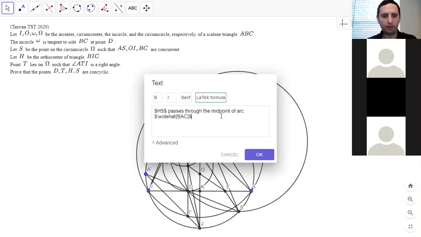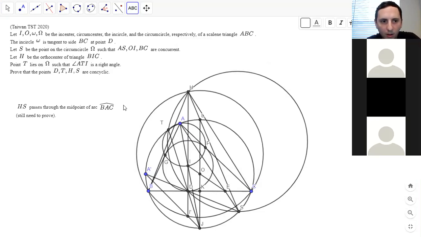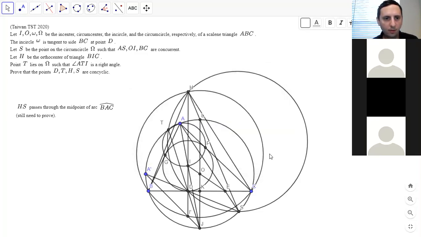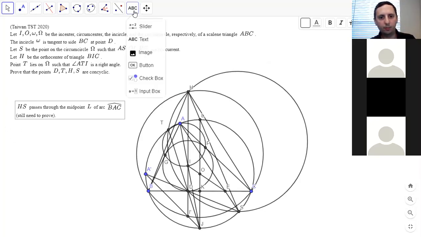And we still need to prove that. Say the midpoint L. And then once we know that, let J be the midpoint of minor arc BC.